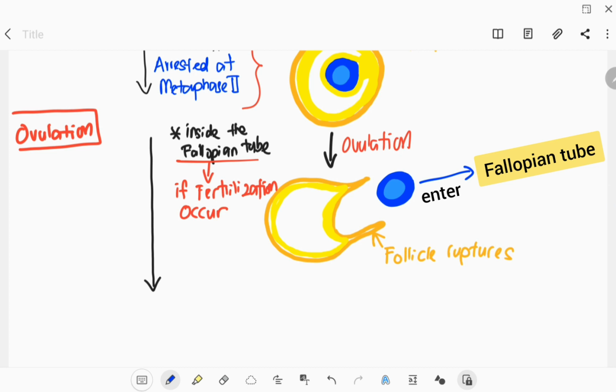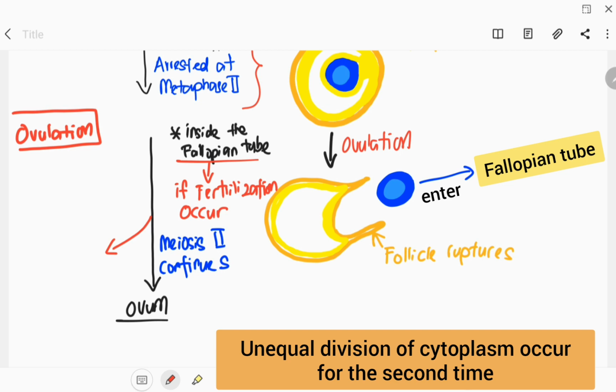So next, inside the fallopian tube, if fertilization occurs, maksudnya ada sperm datang and fertilizes the secondary oocyte, barulah the process of meiosis 2 tadi will continue from metaphase 2. So once the meiosis 2 is completed, then we will get the female gamete which is the ovum. Sama juga macam meiosis 1. So during meiosis 2, after the process is completed and then cytokinesis occurs, the division of the cytoplasm pun akan unequal, tidak sama rata.